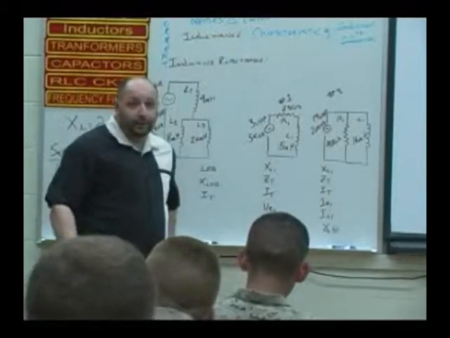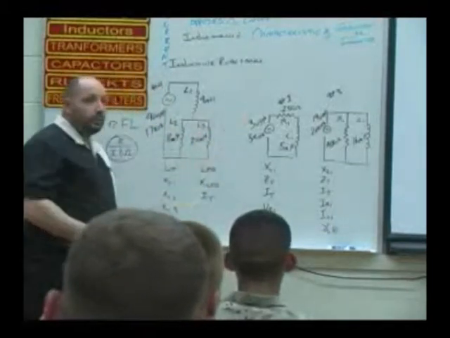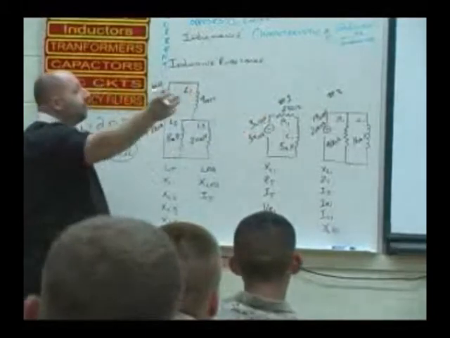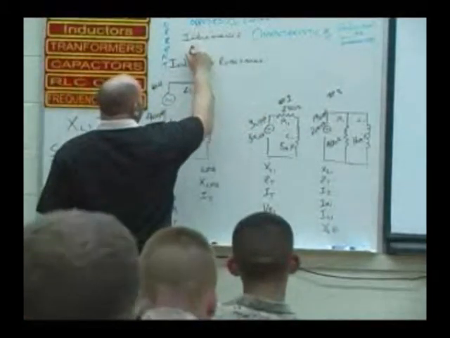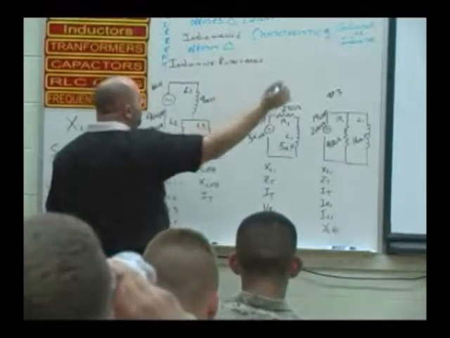Coiled wire concentrates the energy in that field more. That's why we coil it. We want to concentrate the energy. Characteristic of a conductor or inductor, again, opposes the change or variation in current.